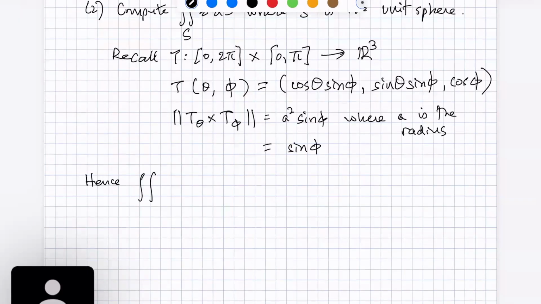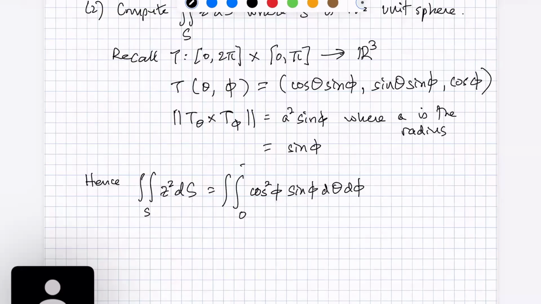Hence, I have a double integral over S, and I'm integrating z squared dS. So my z value is cosine phi, so I have cosine squared phi. The norm of T_theta cross T_phi is sine phi, and then d theta d phi. And here, my theta goes from 0 to 2 pi, and my phi goes from 0 to pi.